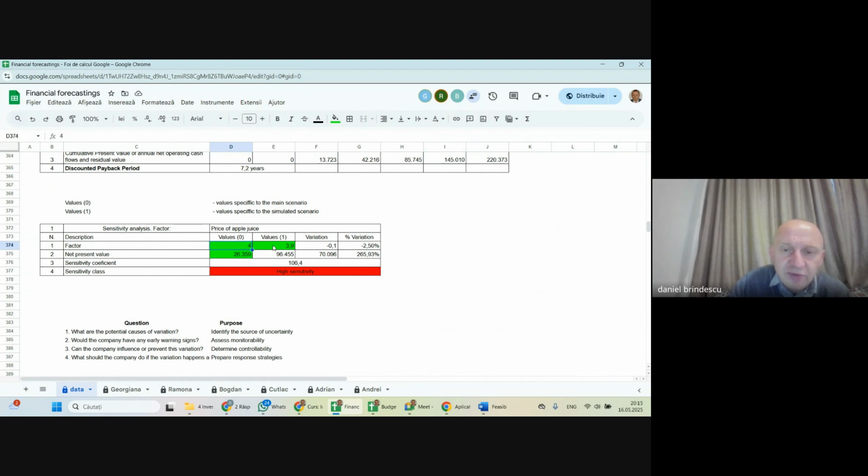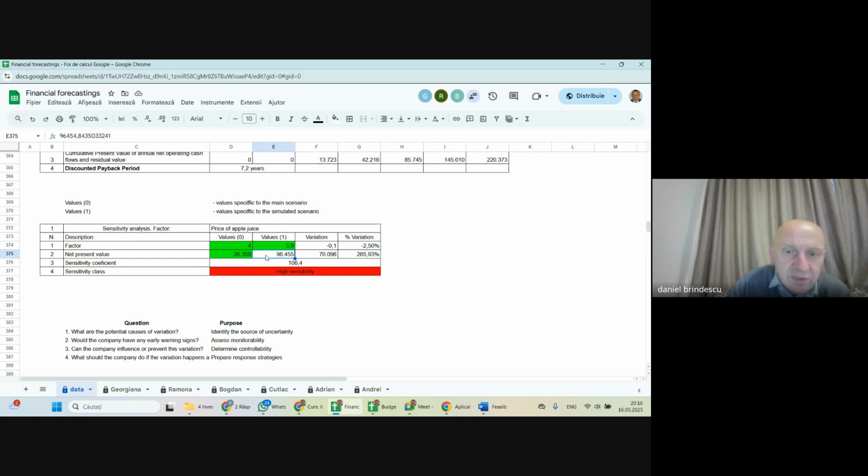Now, the decrease of the price from 4 to 3.9, so basically by 10 cents, is a relative decrease of negative 2.5%. So it's the absolute variation over the value from the main scenario, negative 2.5%.